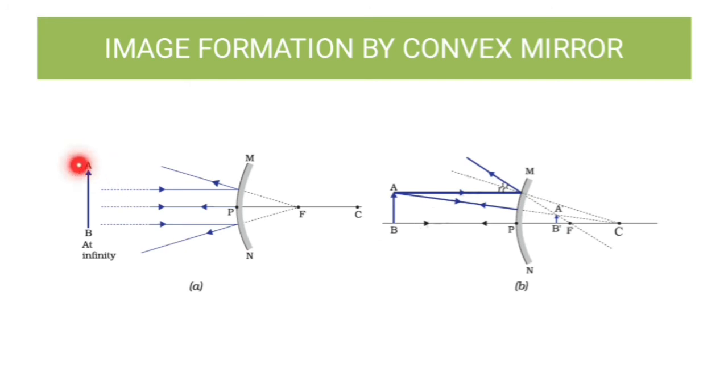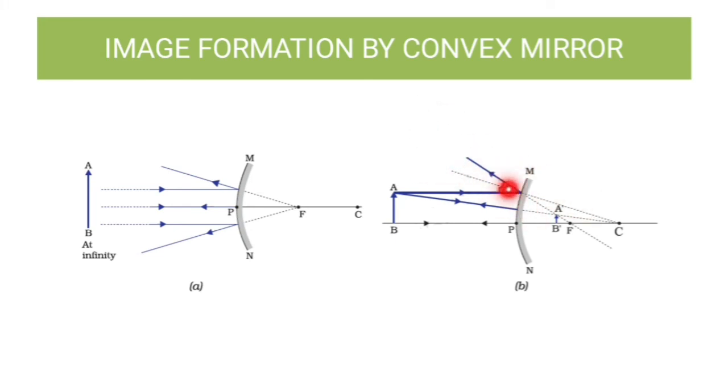Now if the object is at infinity, the rays on reflection diverge away from the focus. You can still join them with a dotted line, so they will come together at the focus. So the image is virtual and highly diminished, of point size. Whereas if you bring the object closer, anywhere between infinity and the pole, after reflection from the convex mirror the rays will again diverge.